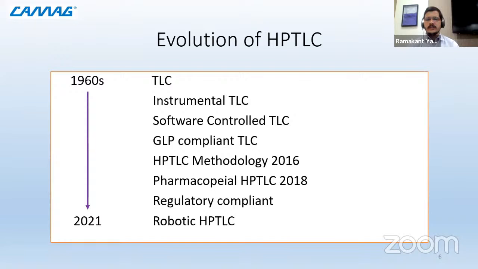So since 2016, there is a standardized methodology to perform HPTLC analysis, and therefore you can see the improvement in this field. And in USP, then European Pharmacopoeia from 2018, HPTLC is now completely compliable.